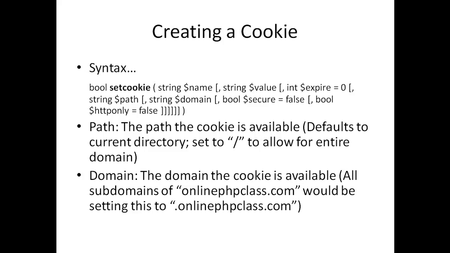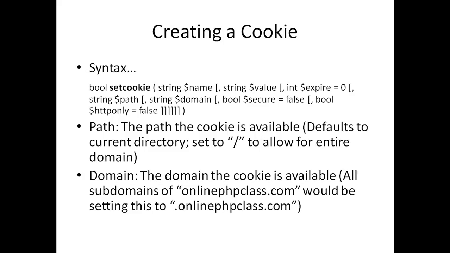Okay, so if I had onlinephpclass.com, say I had onlinephpclass.com/members/whatever, the default of the path would be members, and the cookie would only work for requests within that members directory. If you want the cookie to be available to the top level, onlinephpclass.com, you would set path equal to slash.